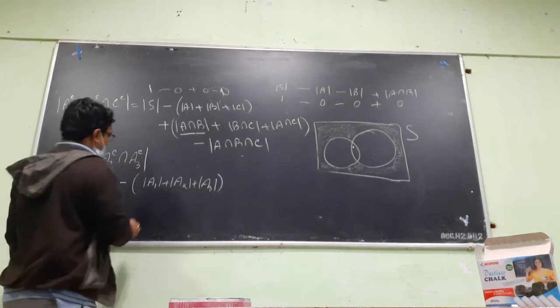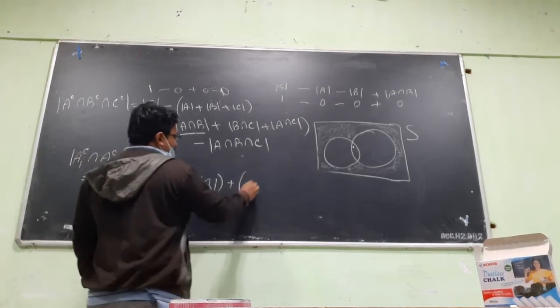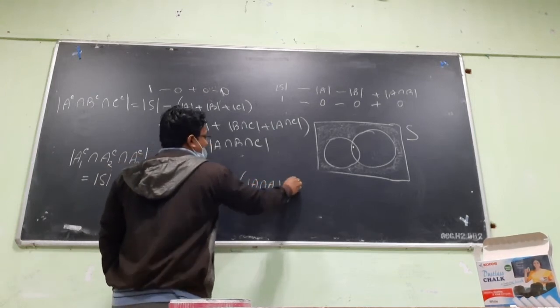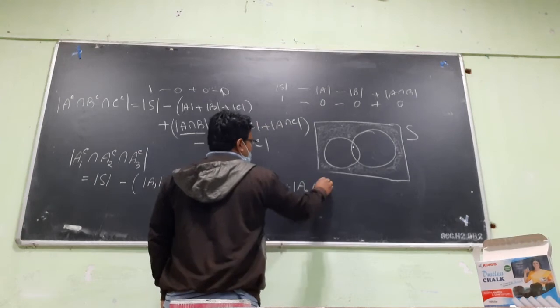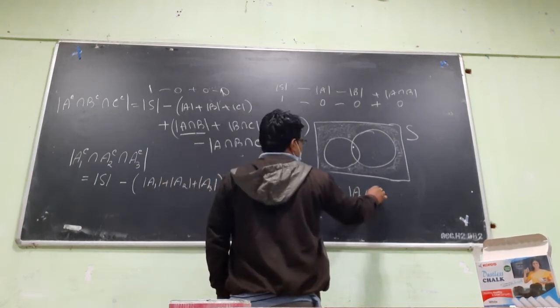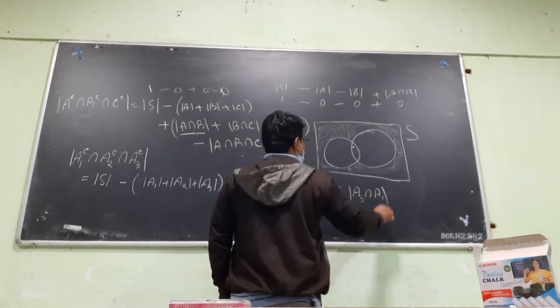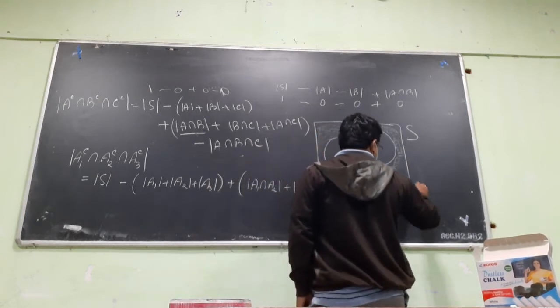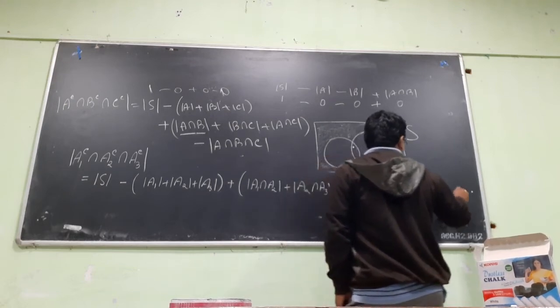Then plus mod of A1 intersection A2 plus A2 intersection A3 plus A3 intersection A1. Like this. Then minus A1 intersection A2 intersection.